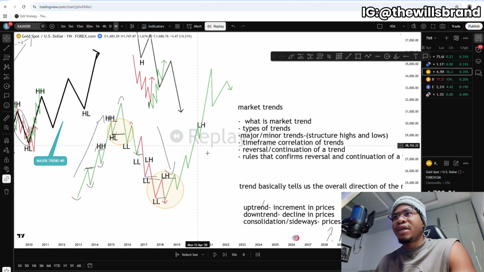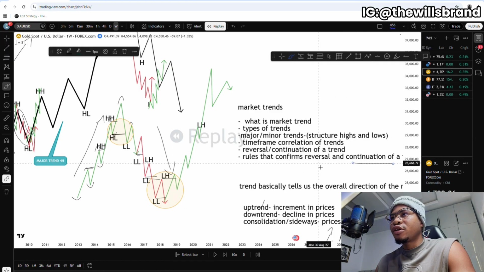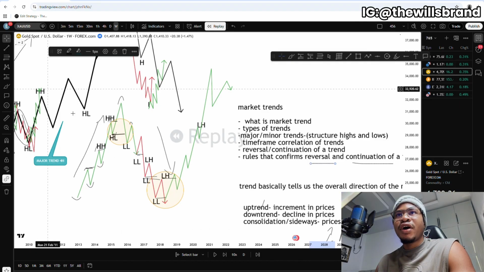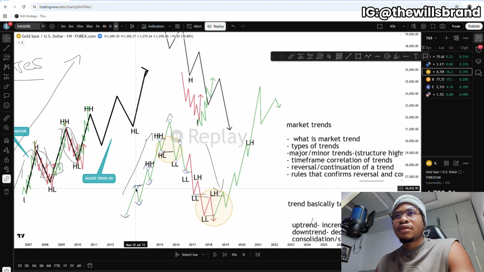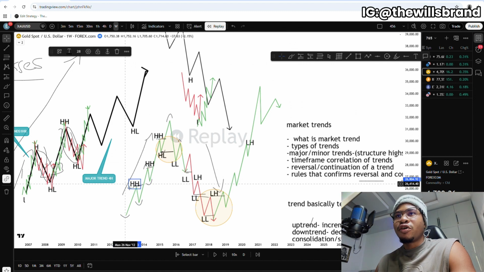You can see I've already made that example, so that confirms it. Now for continuation, we've talked about reversal. Now for continuation, we have to break previous higher highs for an uptrend.